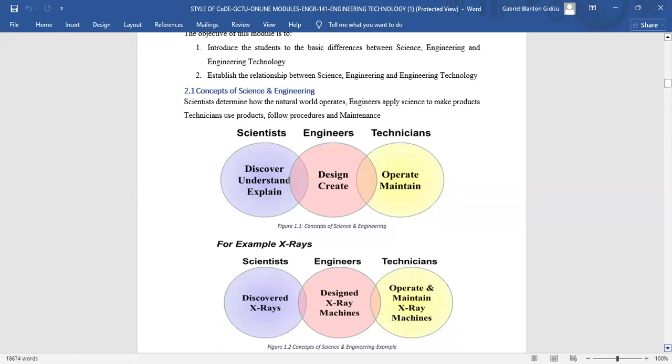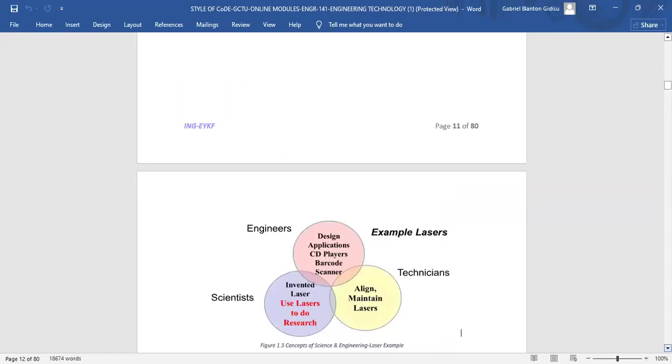You see that? So I'll just give you an example. The next is lasers. Okay, so how engineers, scientists, and technicians work.